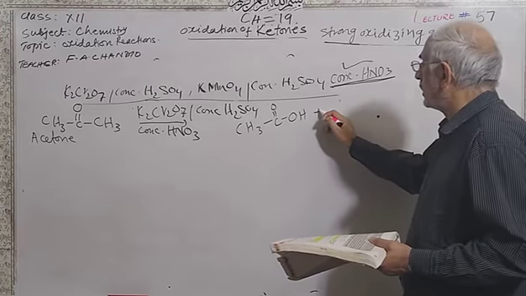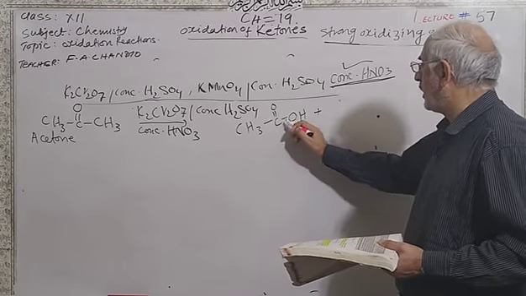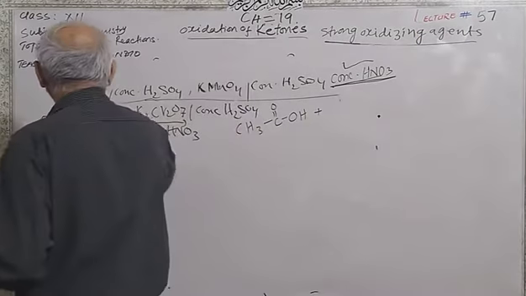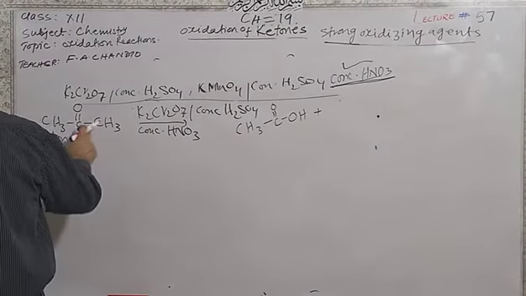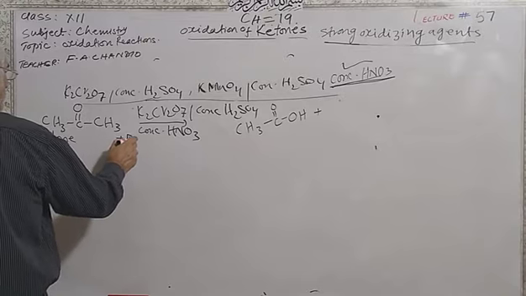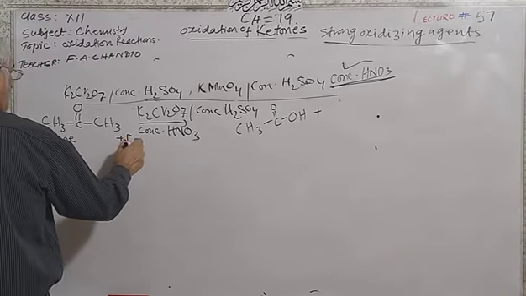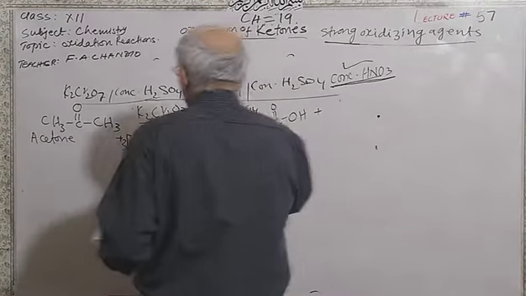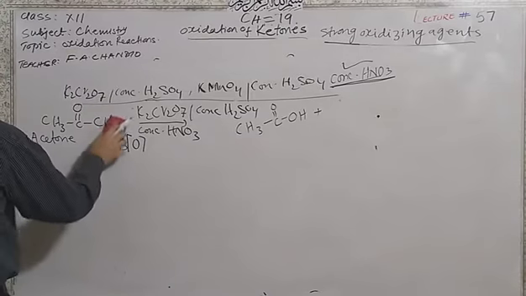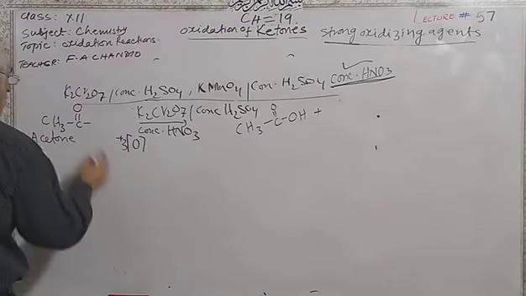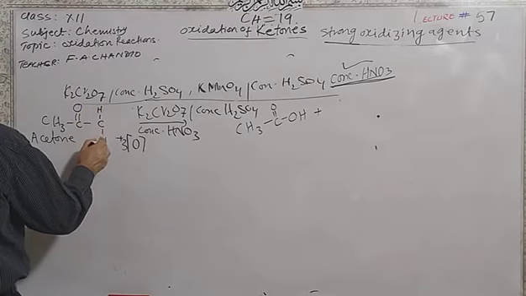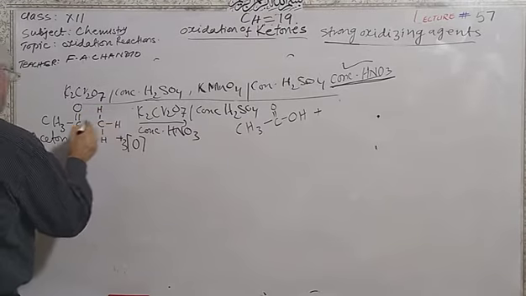So CH3COOH means CH3CO, hydrogen from here, and three nascent oxygens are going to be used here. Let me write here. Like this.